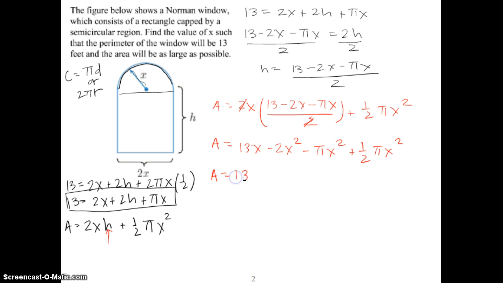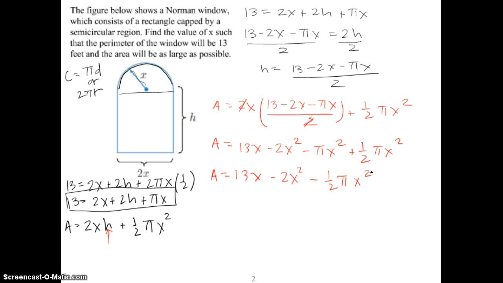A equals 13x minus 2x squared minus, and we've got pi x squared plus 1/2 pi x squared. So negative pi plus 1/2 pi is going to be negative 1/2 pi, right? Negative 1 plus 1/2. So minus 1/2 pi x squared.